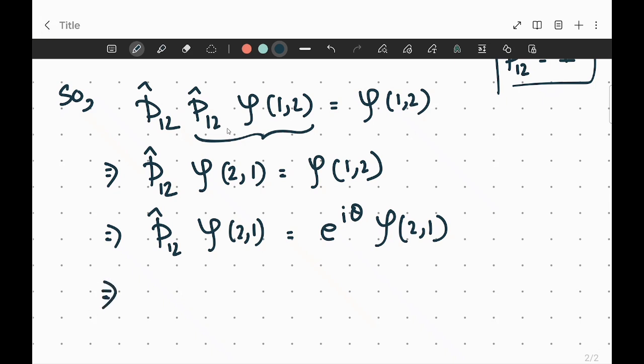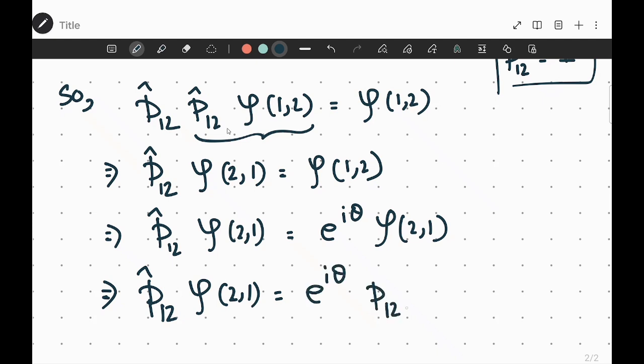Just follow, there is nothing more. You just have to pay attention. Now you can write e to the power i theta as it is, and e to the power i theta times the combination of psi 1 2.